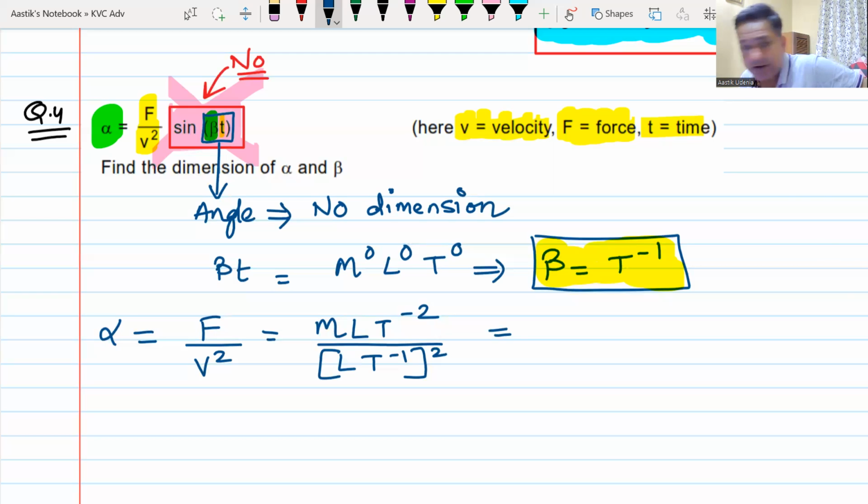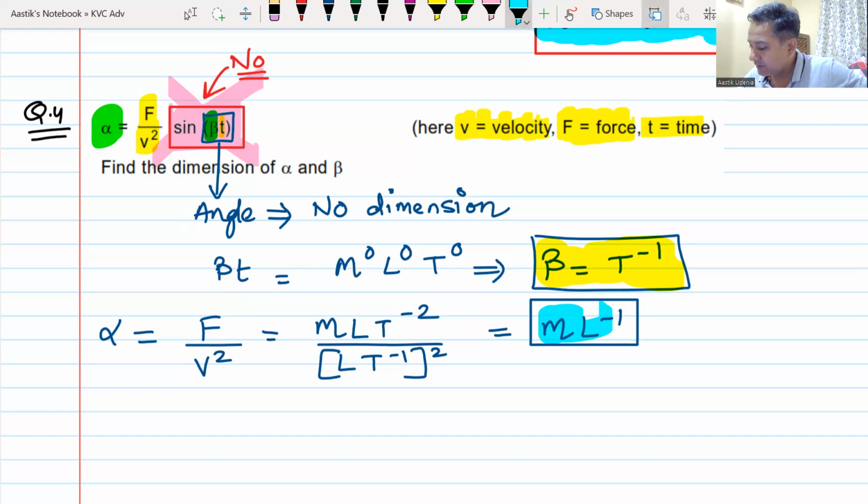And the dimension of alpha from here will be m l minus 1. This is the correct answer, my dear friends. This is the dimension of alpha. Did you get it? How many of you got this?